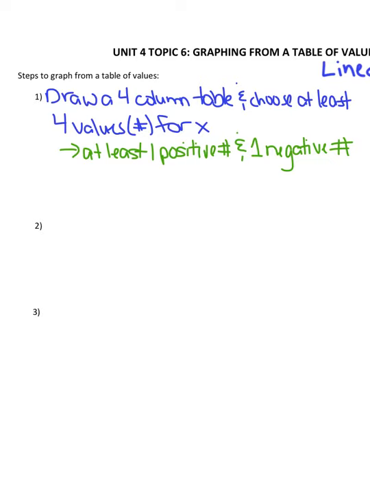Sometimes when we pick negatives and positives, we'll realize we had something off in our math. So we need to have, excuse me, at least one positive number and one negative number on our table, right? We're picking 4 different numbers. One has to be positive, one has to be negative. And I'm going to go ahead and put a point in here. We'll get to it when we get to our 4th example, that if we have an equation with an x coefficient, the number in front of x, that is a fraction, we're going to pick values that are multiples of the denominator.